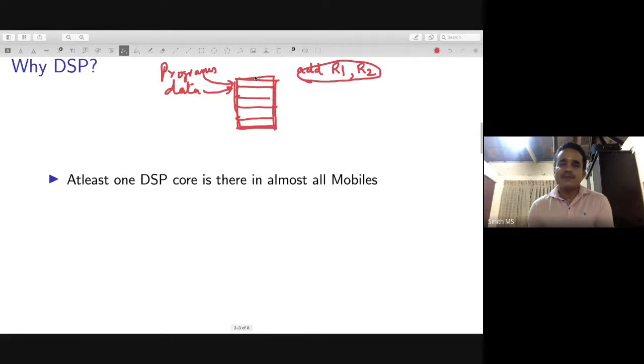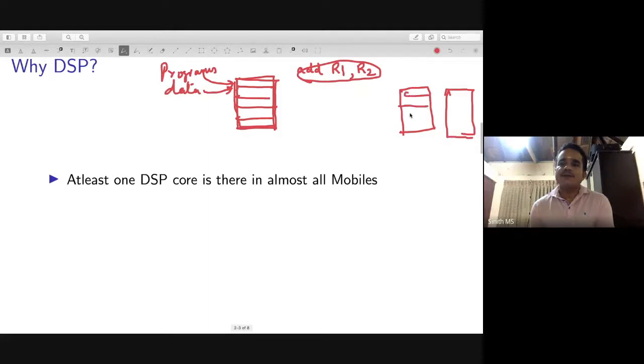When you execute this program, you need to take data corresponding to R1 and R2, which will also be in the same memory location. So when you have both program and data in the same memory location, when you access program, you won't be able to access data. So that's one problem of normal processors.